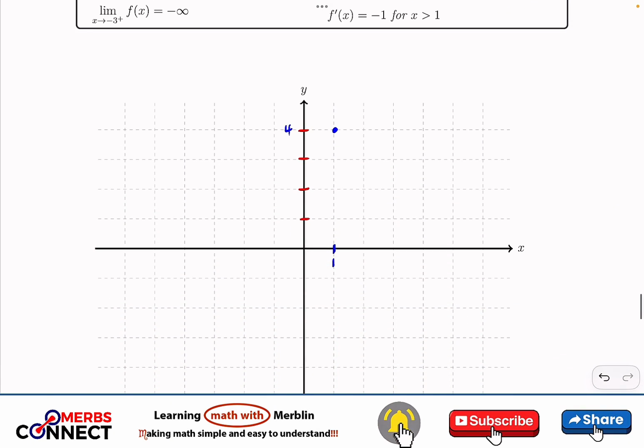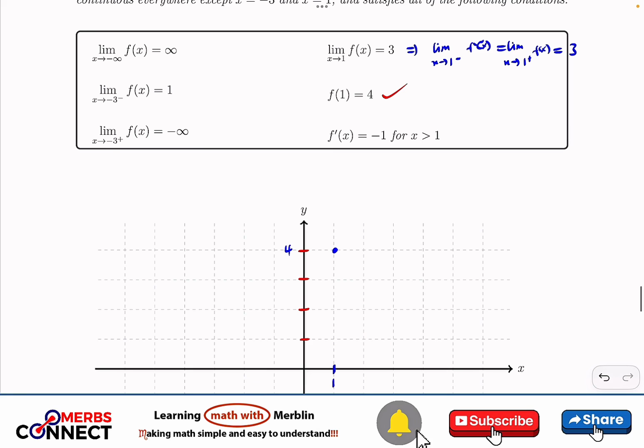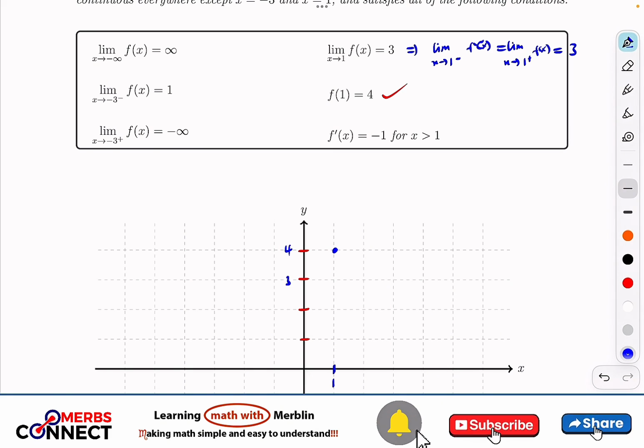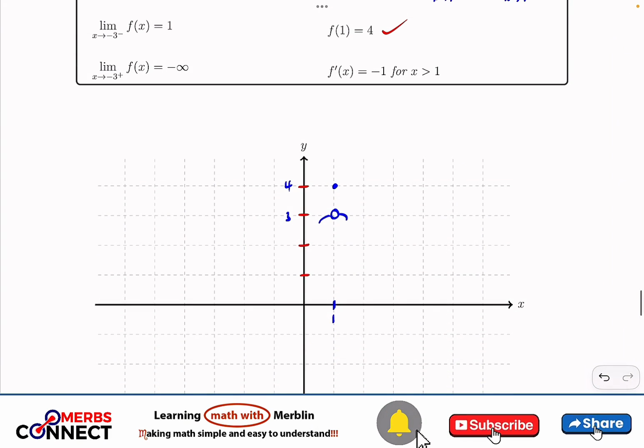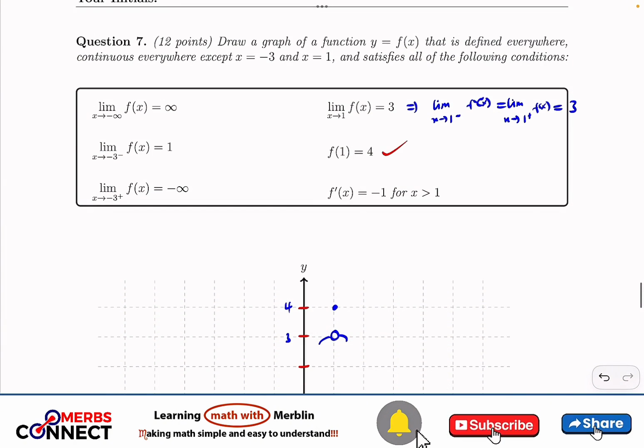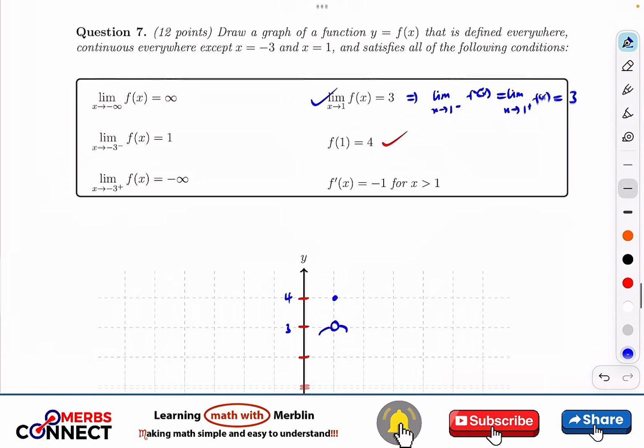So at 1, we are having 3. 3 is somewhere here. So at 3, we will see that this is going to be a hole, because we are on the same line and this is open. So this is closed. So now on the left and on the right, from the left we are approaching 3, and from the right we are approaching 3. We are going to have something like this here. So we are done with this one too.